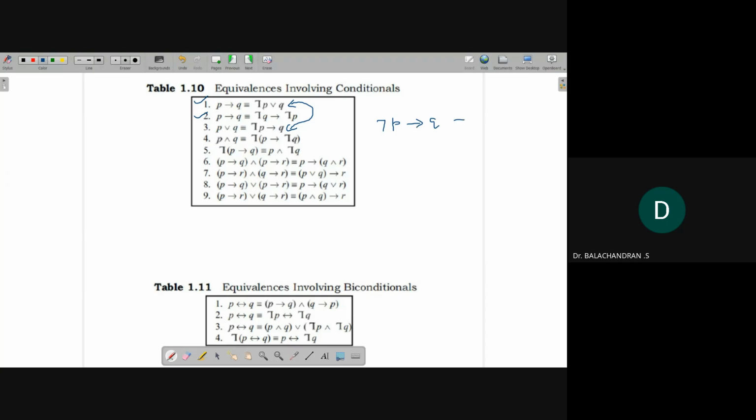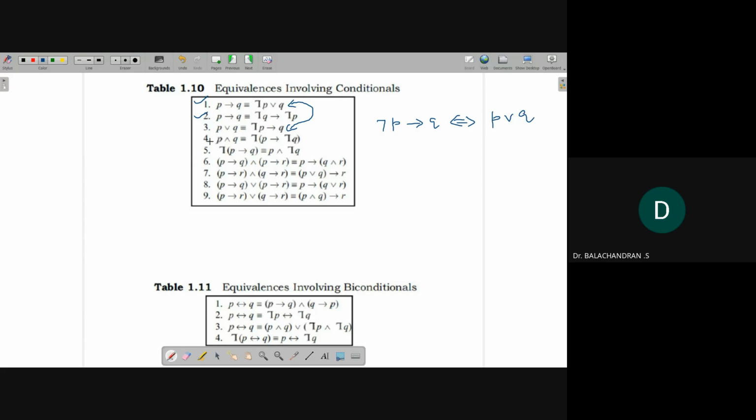P implies Q is negation P or Q. So here the negation of negation P is what? P. So I'll get P or Q. So once you remember this, you can easily write 3.